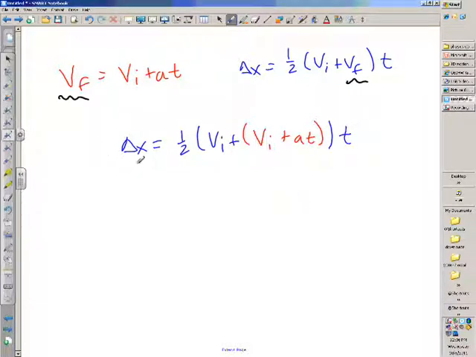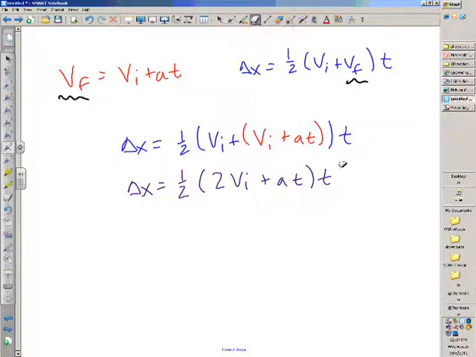I hope so. All right, let's do a little math. Okay, so delta x equals, I'm going to simplify the expression inside the parentheses first. So 1/2 times 2 VI plus AT, multiply the whole quantity by T. Nope, sorry, not T squared, but T.